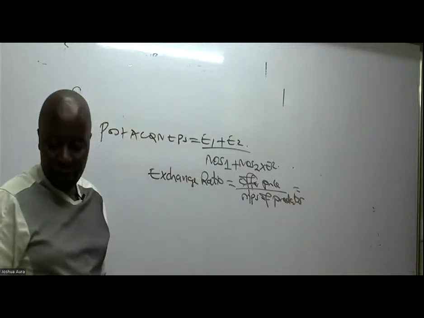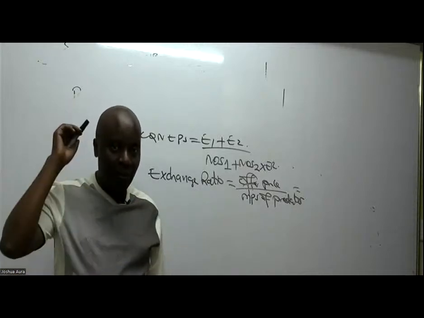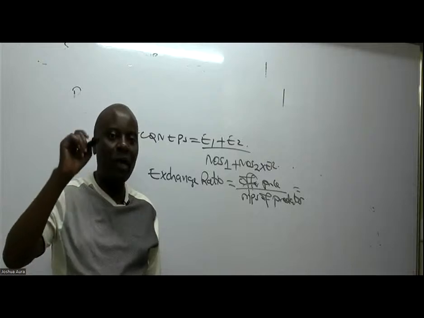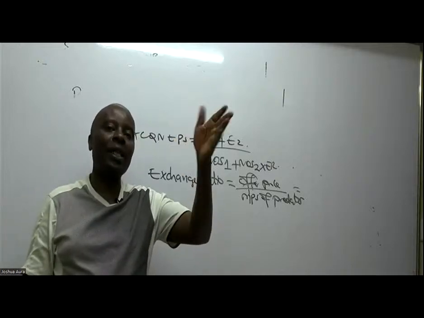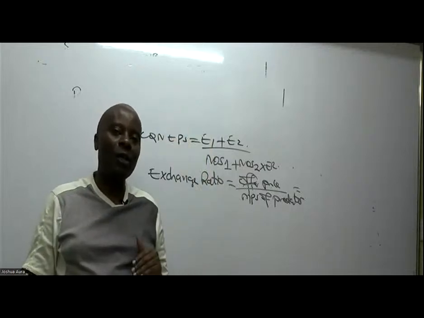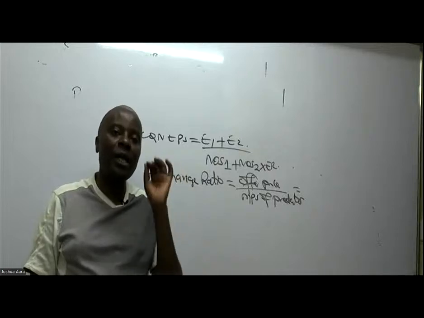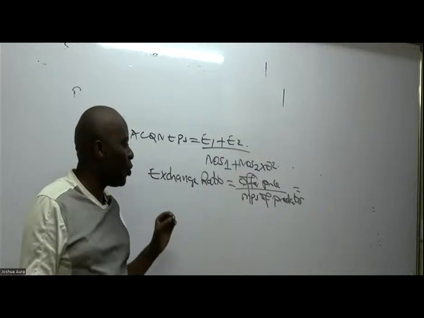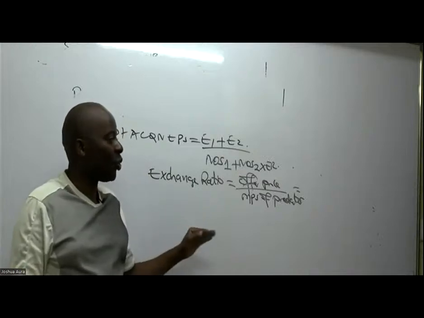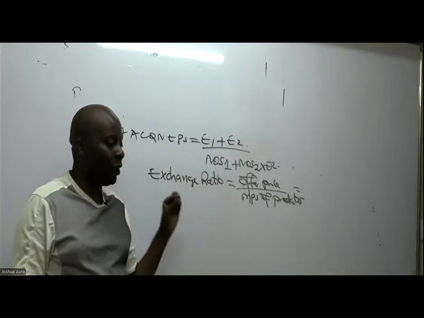Remember there are two types of exchange ratios. We have the maximum exchange ratio, the one that will never lead to dilution of EPS, where you take the EPS of the targeted company over the EPS of the predator. But whenever the examiner gives you an offer price, the exchange ratio will always be obtained by taking the offer price over the MPS of the predator.